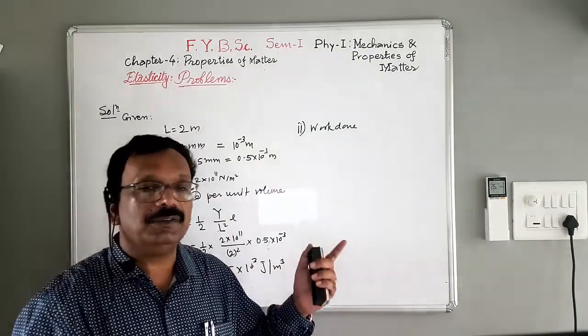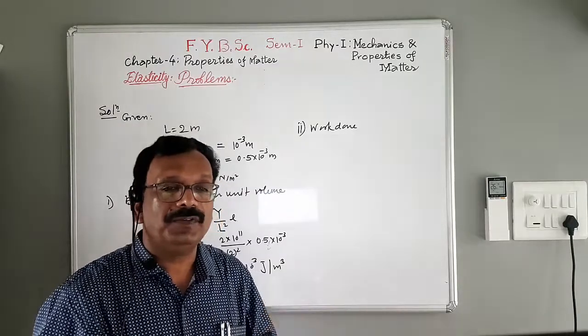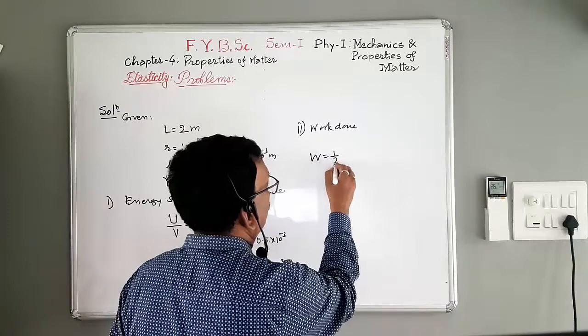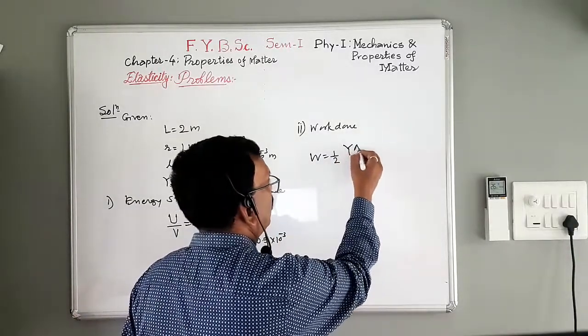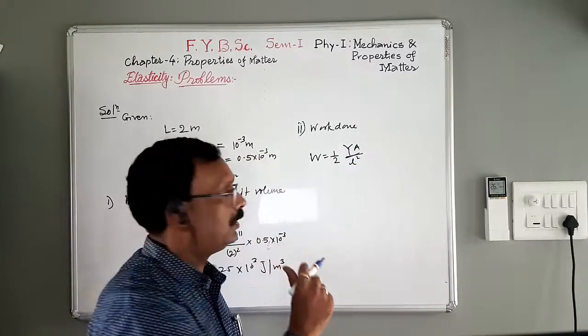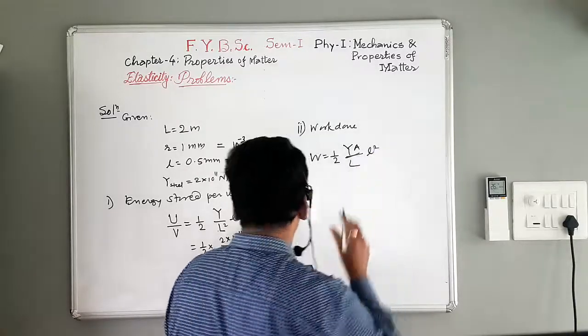Work done is in stretching the wire so that it elongates by an amount 0.5 millimeter. So work done, W, is equal to 1/2 again into the formula Y upon A by L square. This formula is also studied by you, l into l square, same formula.